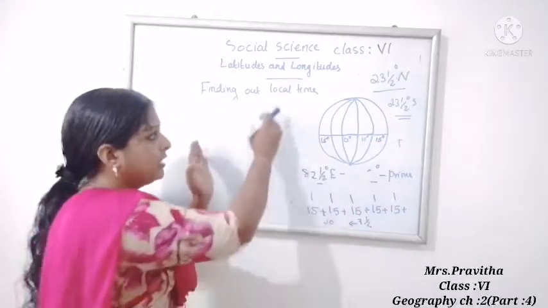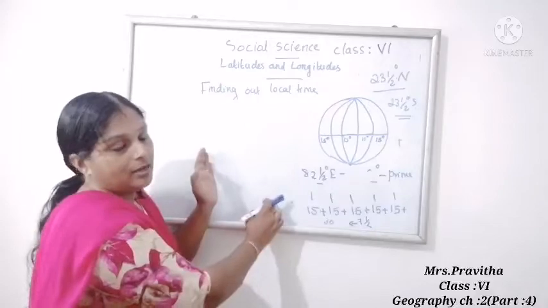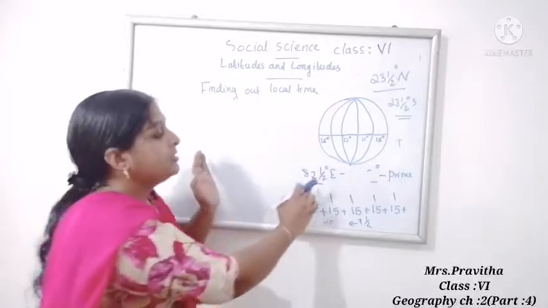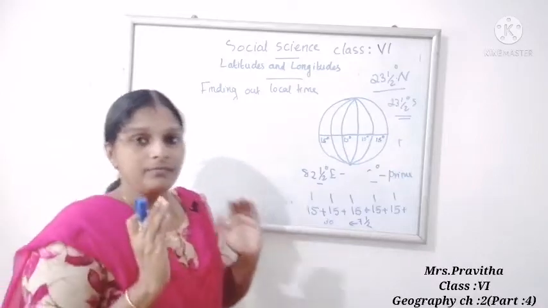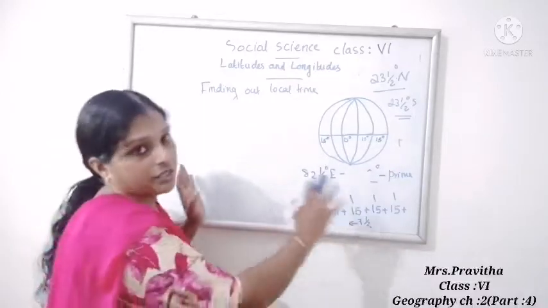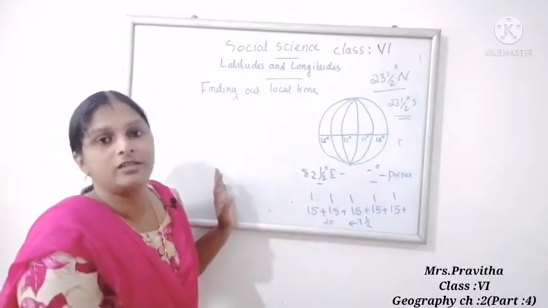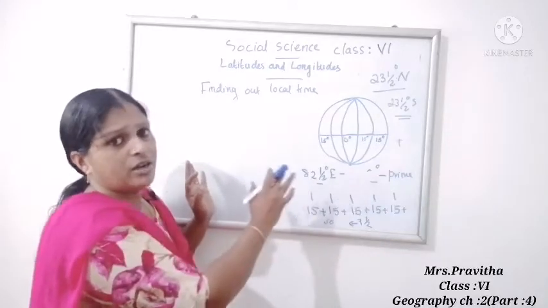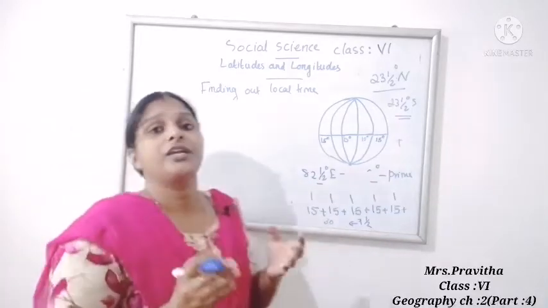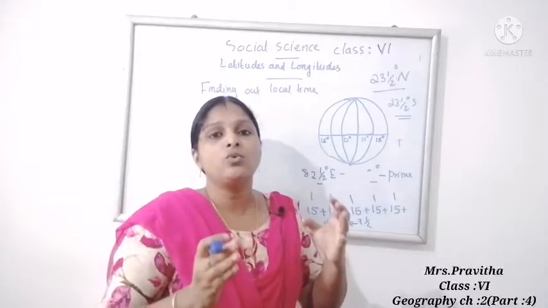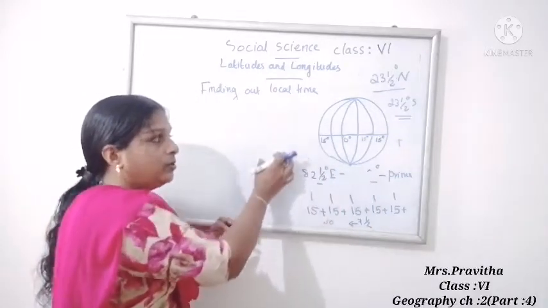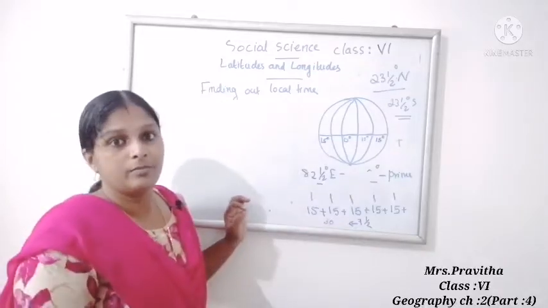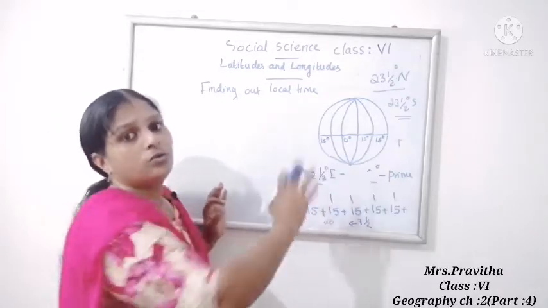In India we took a standard meridian for calculating time, that is 82.5 east. But in countries like Russia, the largest country in the world, and Canada, China, USA, it will be very difficult to select a particular longitude as the standard meridian, because many longitudes are passing.